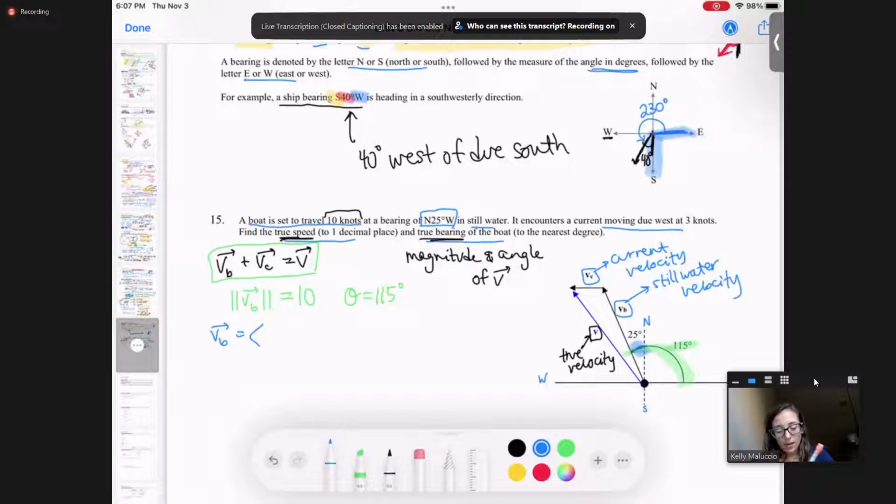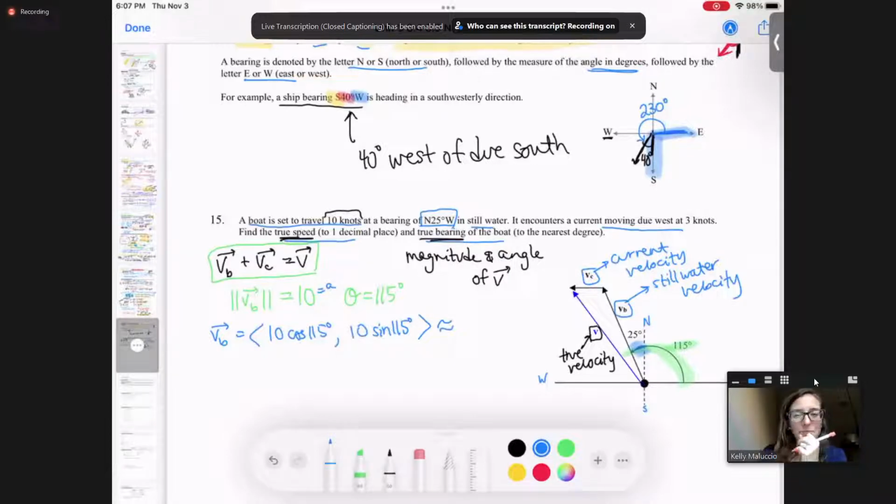So this is A, so it's going to be 10 cosine 115 degrees, and then 10 sine 115 degrees in this component vector, right? And then the current, so we'll calculate that.